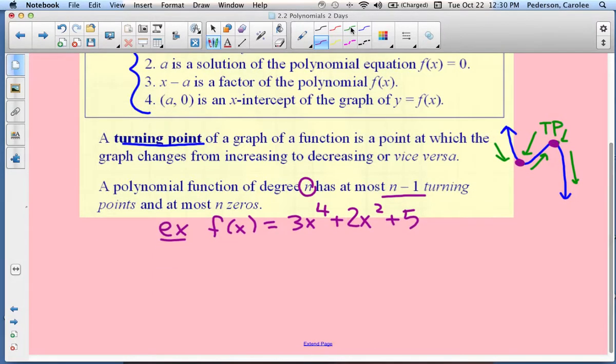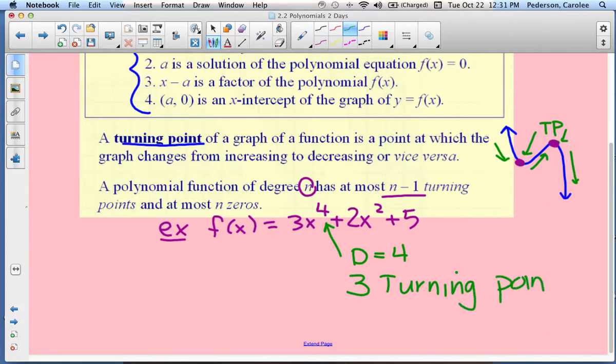In this case, the degree is 4. So you go 1 less than that. So you're going to have 3 turning points.